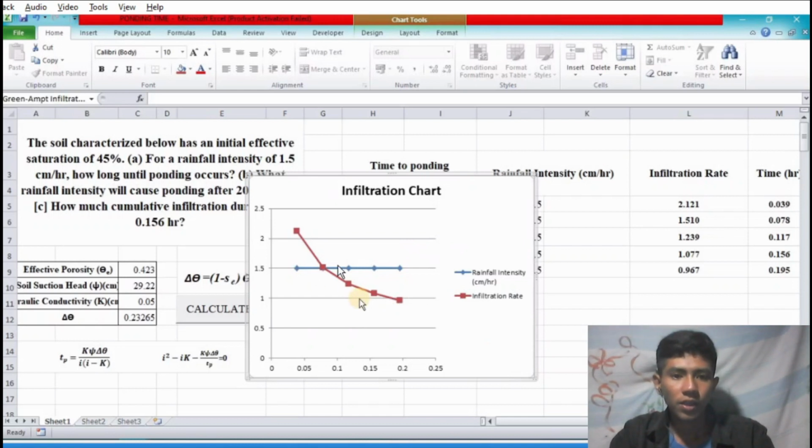As you can see, the point where rainfall intensity and the infiltration rate meet is the time to ponding. This is also to say that the time when the infiltration rate is equal to the rainfall intensity is the time to start ponding.